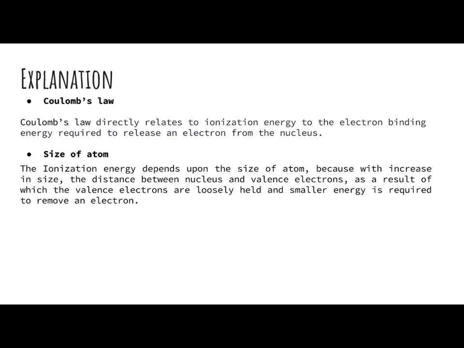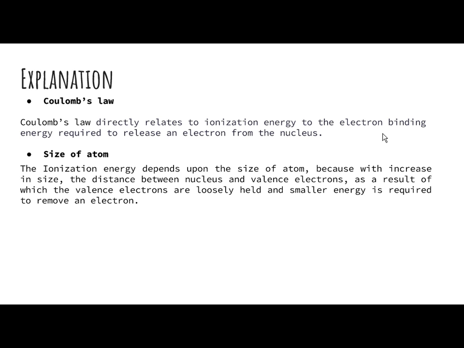As far as Coulomb's law goes, Coulombic attraction is the attraction between positive and negative charges, which relates to electron binding energy. Electron binding energy is the binding between the nucleus and its electrons in sublevels, which relates to ionization energy because it's the amount of energy it takes for those electrons to be released from the nucleus shell.